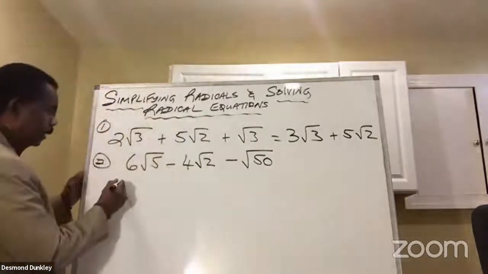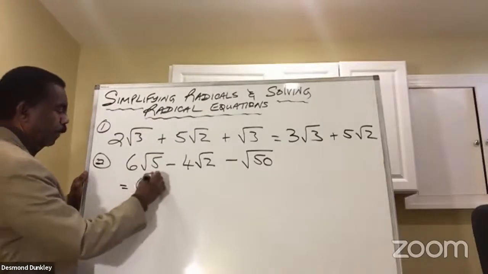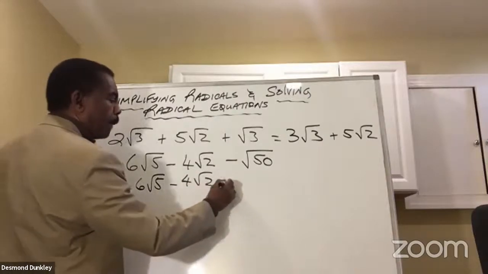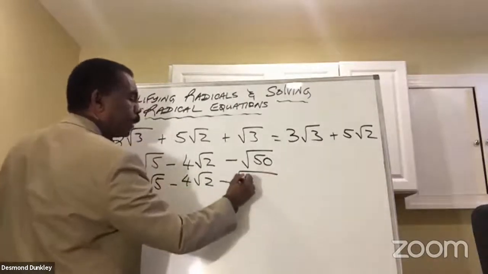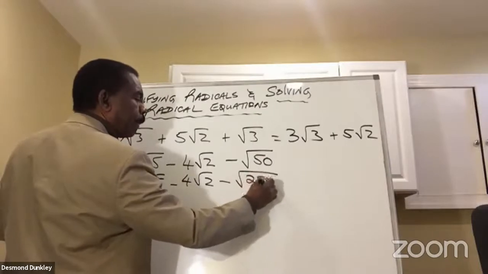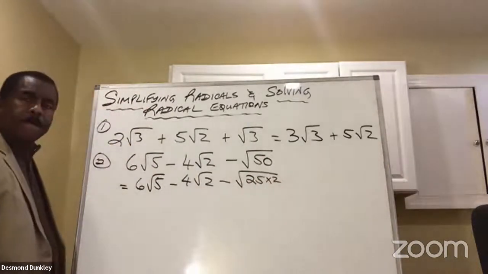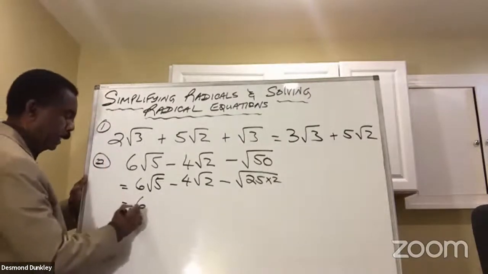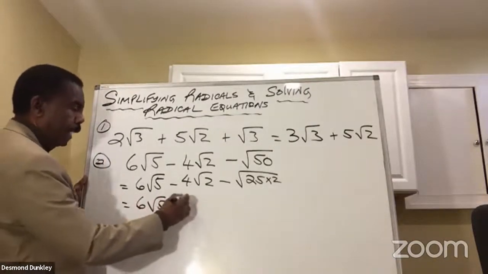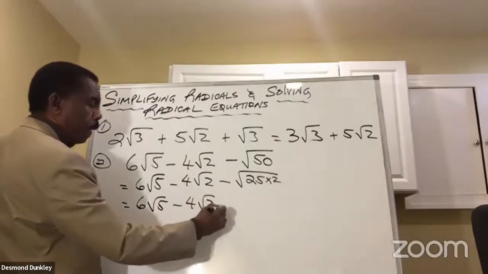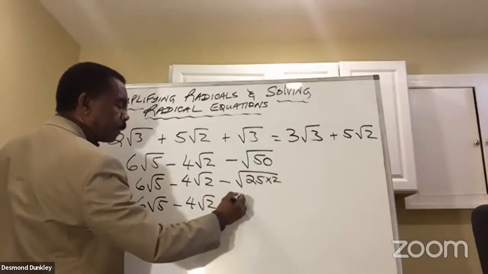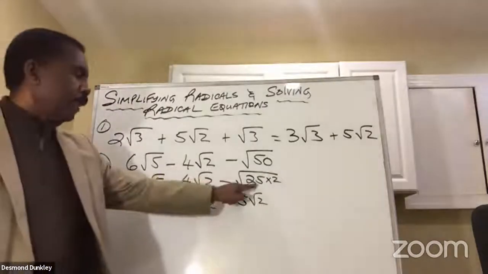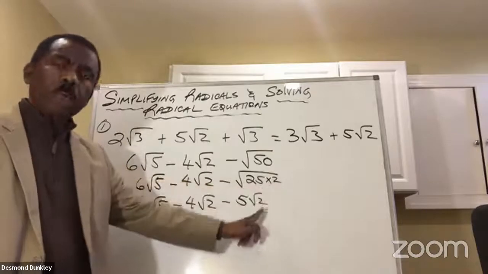So maybe this is 6 root 5 minus 4 root 2 minus, and that gives me 25 times 2, which works out to be 6 root 5 minus 4 root 2 minus, this becomes 5 root 2, because the square root of 25 is 5 and root 2 remains inside.